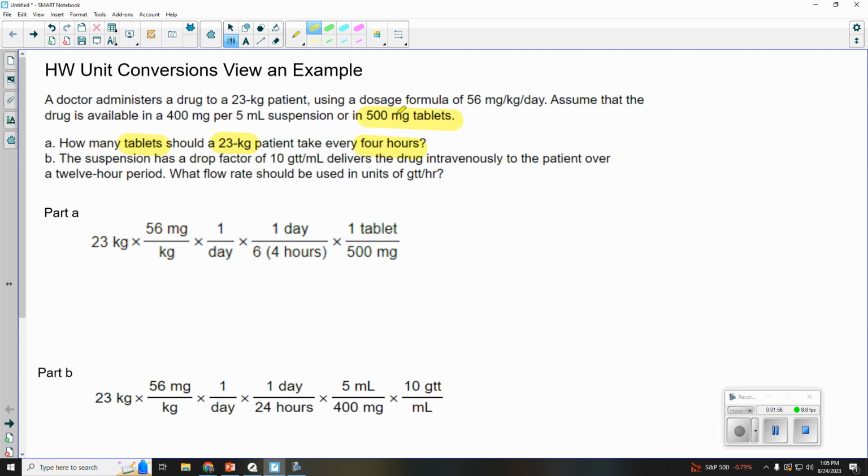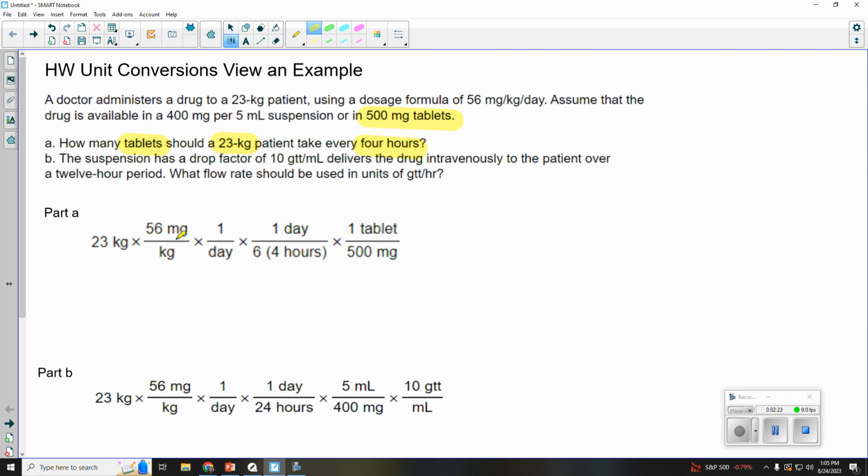When you're in a MyLab homework assignment and you have trouble, you can click on View an Example, and they're going to show you how to do things, but sometimes you need a little help interpreting what they have. So in the example, for part A, they start off with 23 kilograms, which is what we're given in both the original and the question.